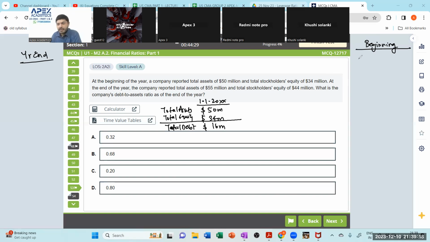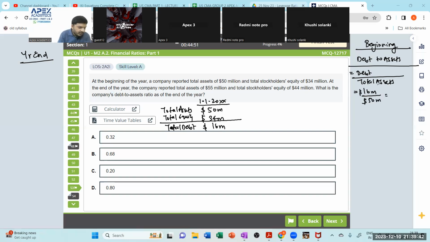Okay, beginning. My first ratio that I am writing, debt to assets. What is it? Debt upon total assets. What is your answer? 16 million divided by 50 million. 16 divided by 50.